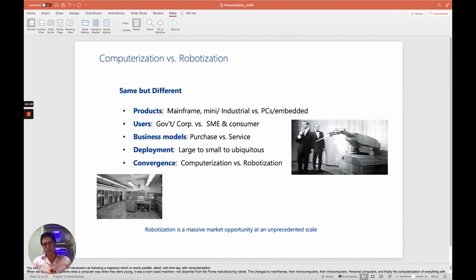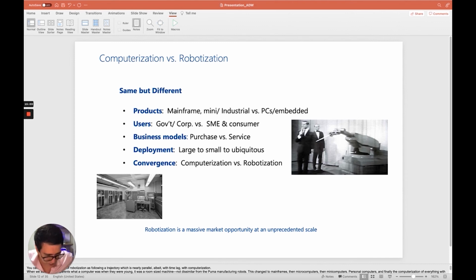Business models were purchasing, where today we're moving to service: software as a service, robots as a service. Deployment went from large to small to ubiquity, and convergence, computerization versus robotization.